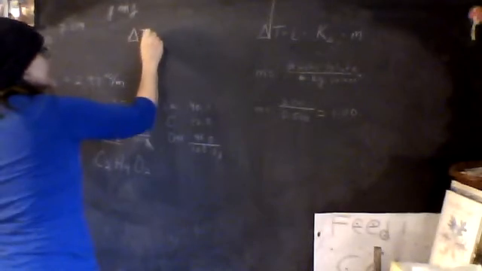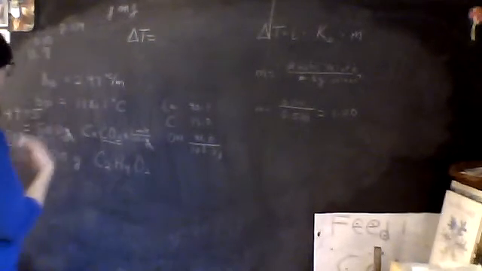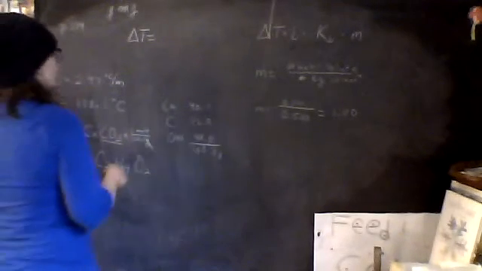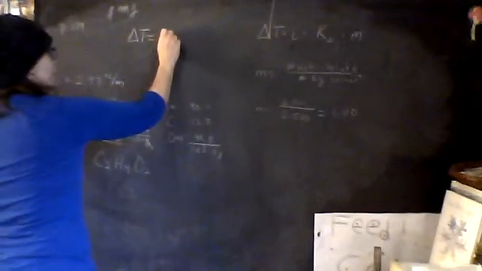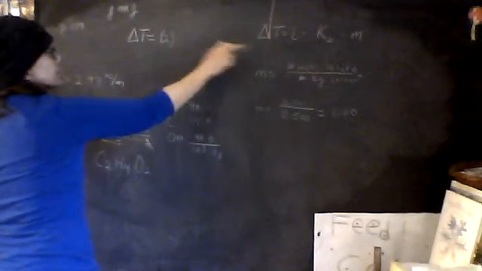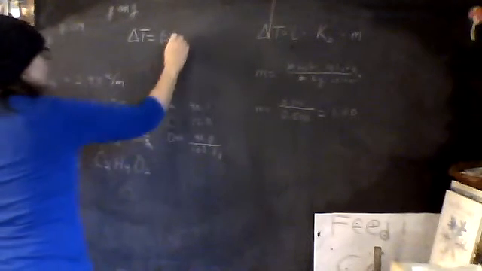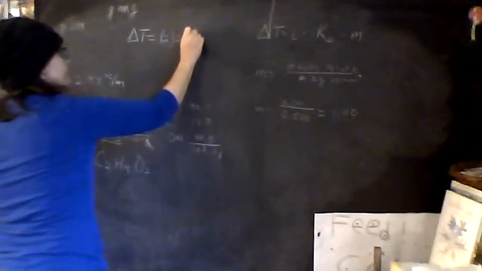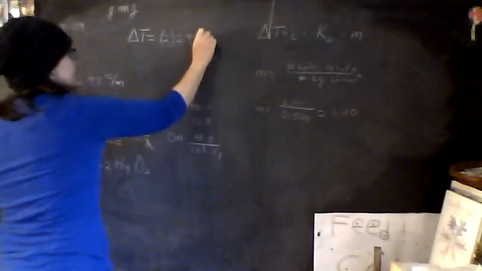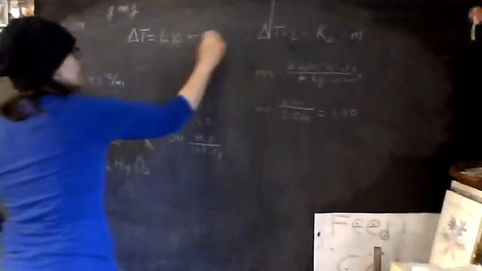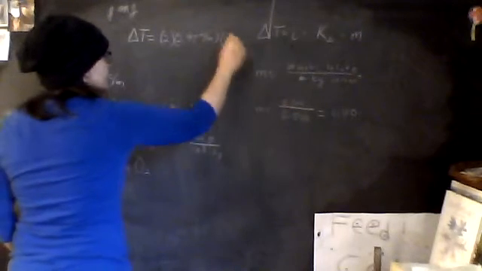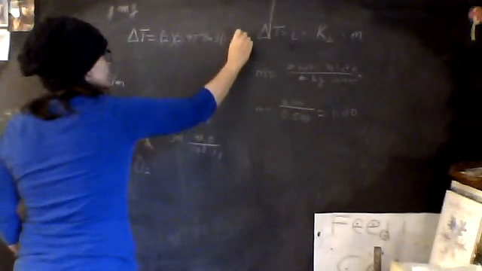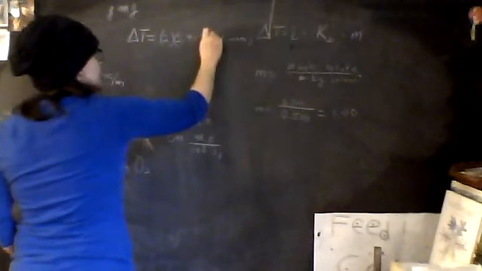So let's set our delta T formula out. Delta T, the change in temperature, which we're going to add to the boiling point, is going to be 2, which is the number of ions, times the Kb, which is 2.97 degrees Celsius per molality, times the molality, which is 1.00 molality.